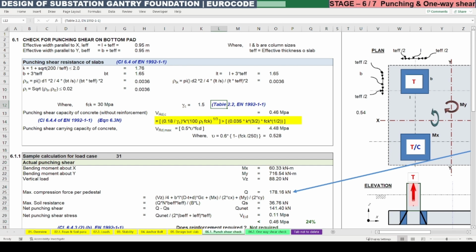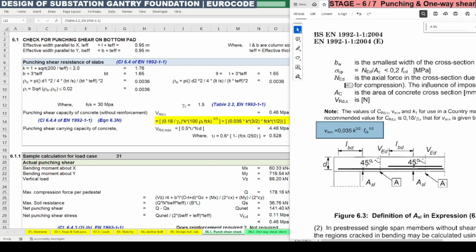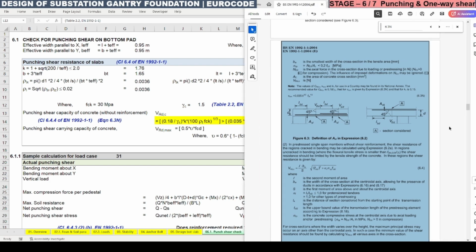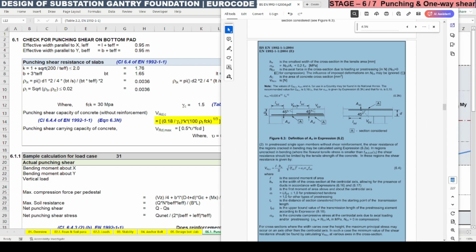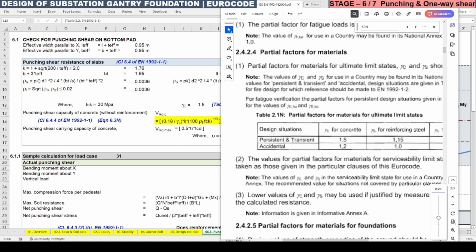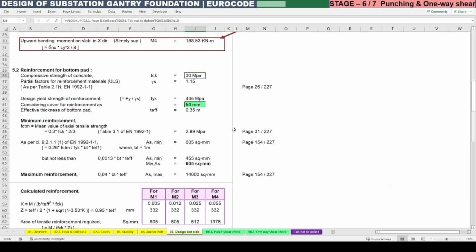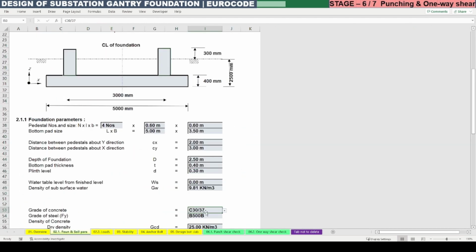For that, page number 26 is to be referred. So here in the table you can see that for the persistent and transient condition, gamma C can be considered as 1.5. So that is what we have considered here, and fck we know is 30 megapascal, which we have assumed as the grade of concrete C30/37.